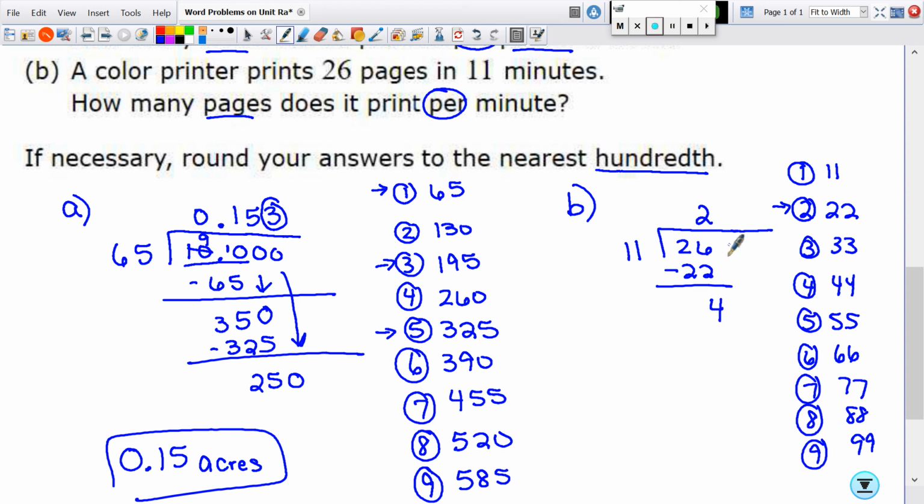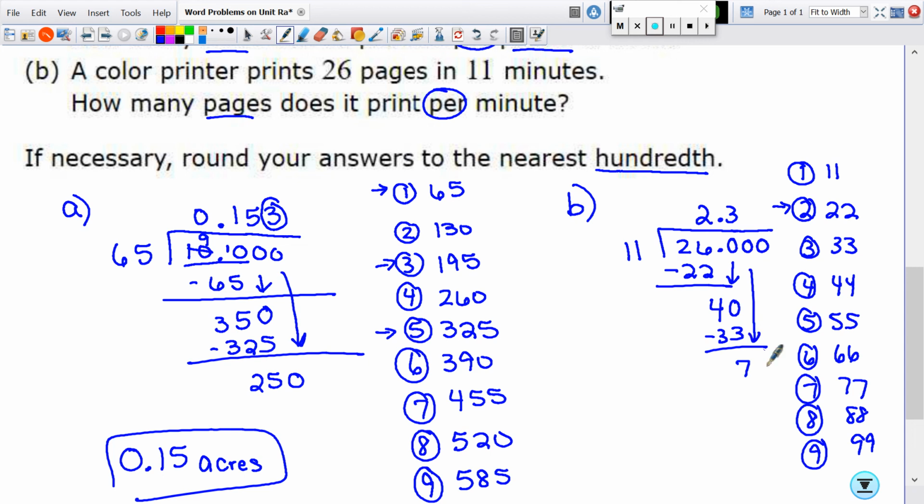Now, it didn't come out as 0, so you need to put decimals. And since the directions say round to the nearest hundredth, I'm going to put 3 zeros to take me to the thousandth to see how I have to round. So bring down your 0. You have to bring your decimal point up. So 3 times 11 is 33. Subtract, 40 take away 33 is 7.